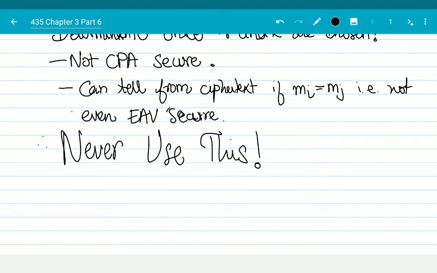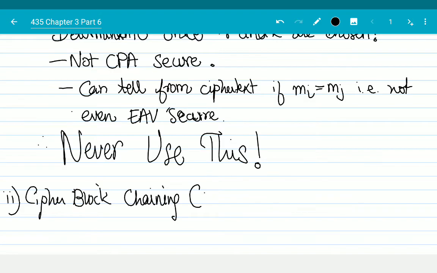A better method is, for example, the CBC method, which stands for cipher block chaining, CBC mode.